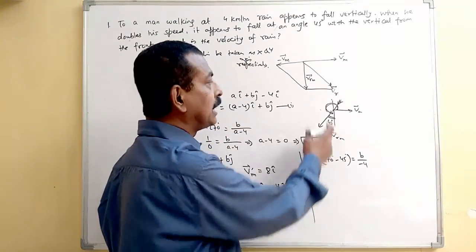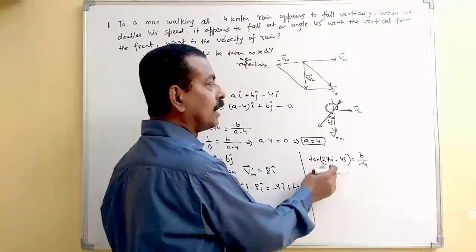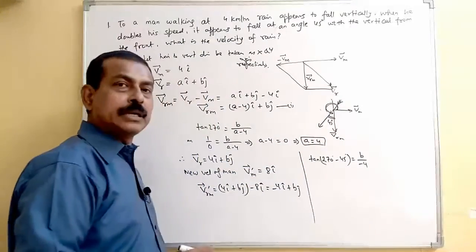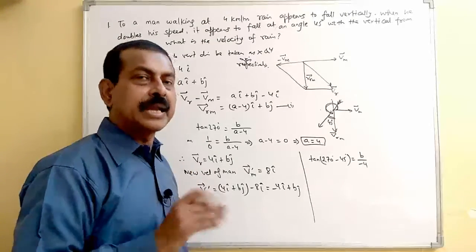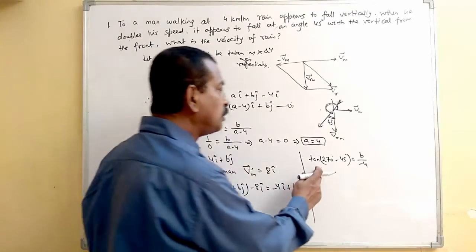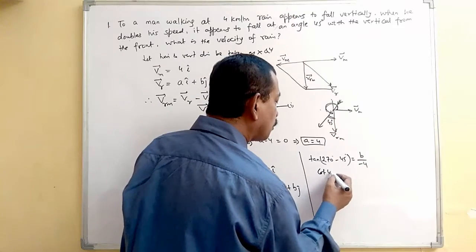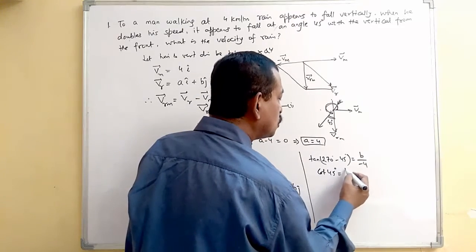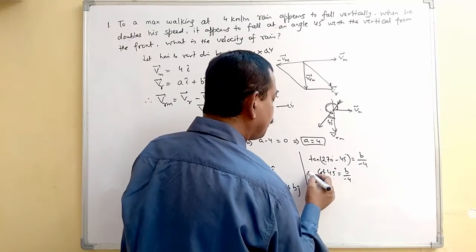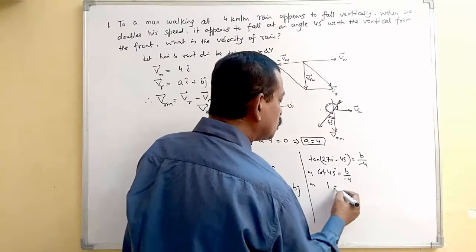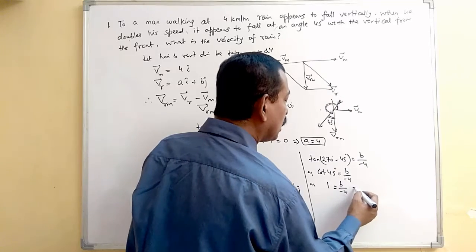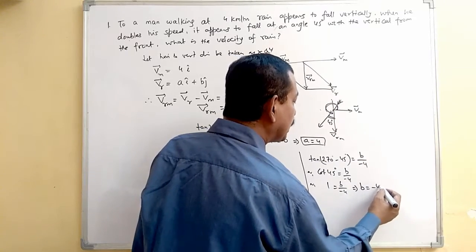It is lying in the third quadrant, and in the third quadrant, tan and cot are positive. And this will be equal to cot 45 degree, that is b by minus 4, or this is 1. So that is b by minus 4, and that is, b is equal to minus 4.